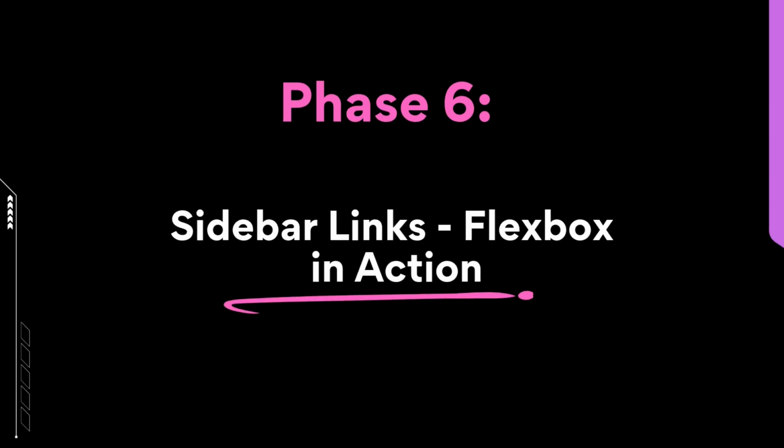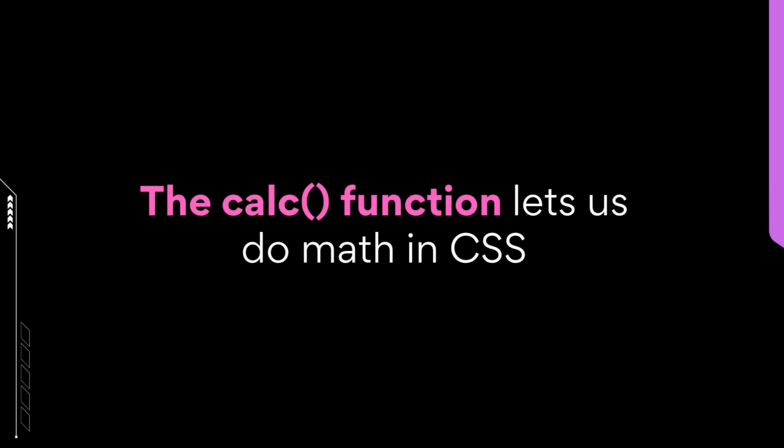Phase 6 is the sidebar links, Flexbox in action. Each sidebar link is a Flex container. Here's why.